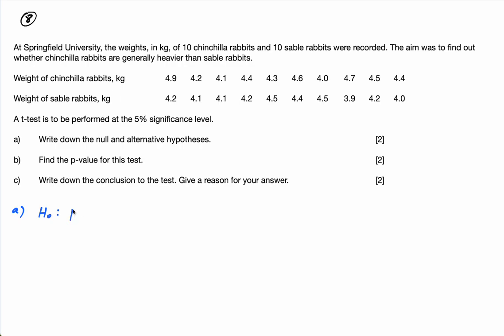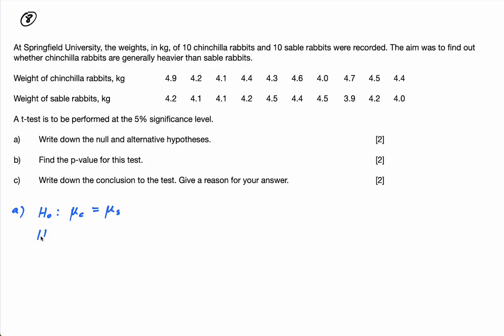You can do it like in the mark scheme, with mu c for chinchilla rabbits and mu s for sable rabbits. So this is your null hypothesis, that the means are the same. If you wanted to call these mu1 and mu2, that would be fine as well, as long as you make sure you say mu1 is for chinchilla and mu2 is for sable.